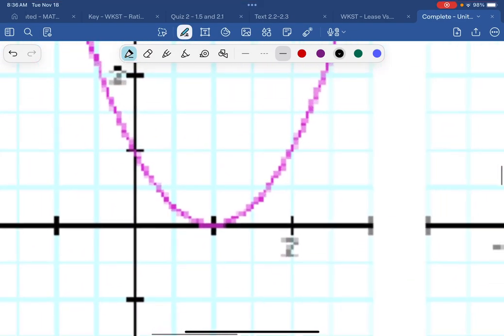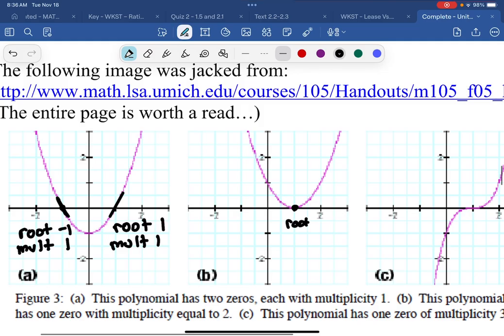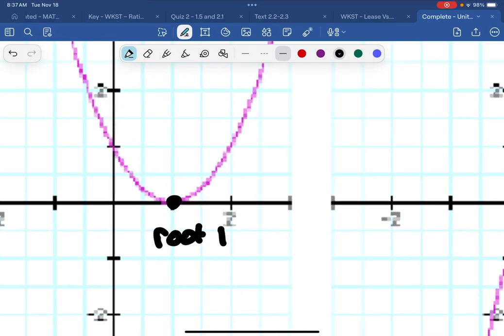Now in this case, around this x-intercept, a root, now it's scaled so every 2 boxes is 1 unit. So the root would be 1, right? This is supposed to be a 2. The more I zoom in, the less it looks like a 2. But this graph behaves like a parabola around that x-intercept. It touches and turns around, right?